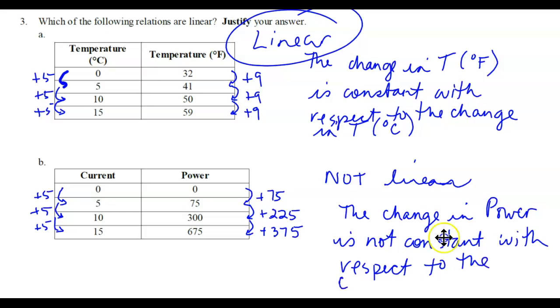Okay, so that's not linear. That's what you have to do. You'll guarantee you'll have some charts that you have to check. Are they linear relations, the table of values?